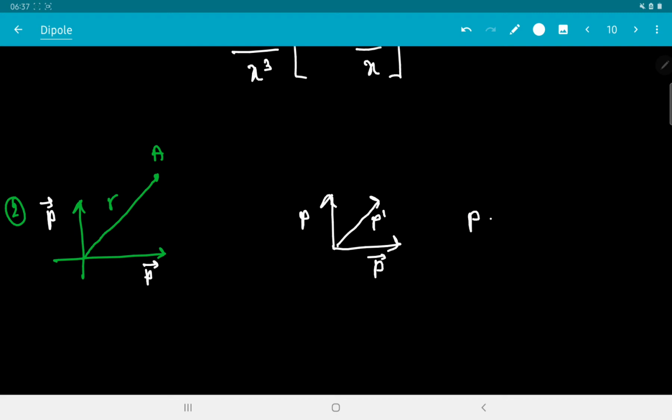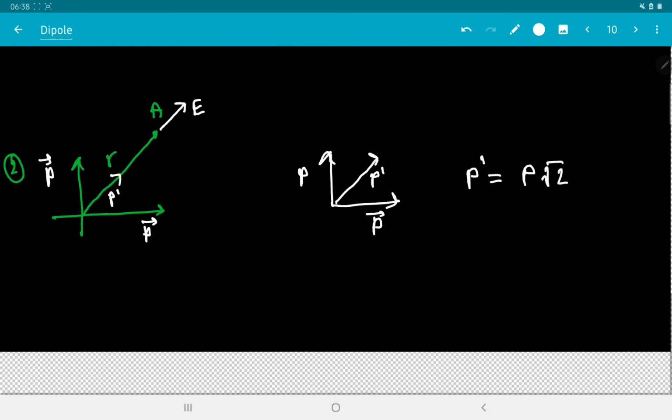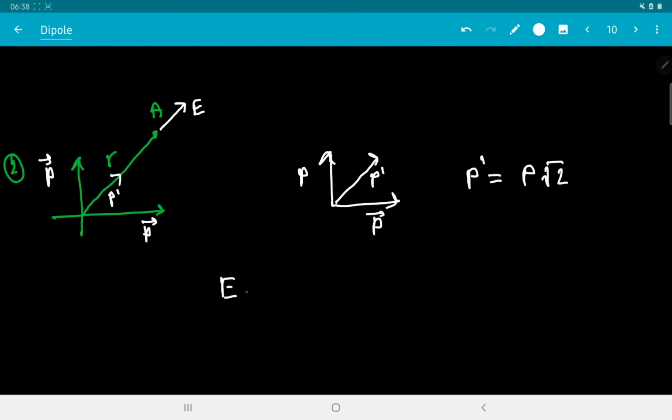The magnitude of the resultant dipole will be p root 2. So for the resultant dipole, the electric field will be for axial points. That means it will be in the same direction as that resultant dipole. So for the electric field we can use the equation for an axial point, that is 2Kp.